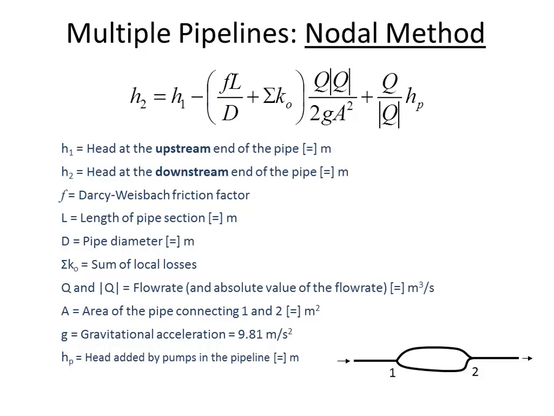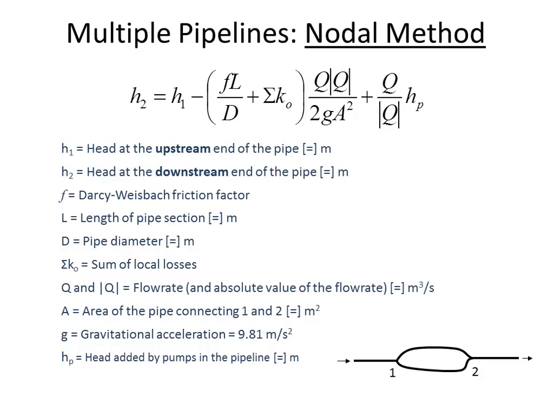The reason that convention has to be applied is that the pump head is added to the left-hand side of the energy equation, and the losses are added to the right side. Because between 1 and 2, energy is added by a pump and taken out by losses due to pipe friction and local losses.